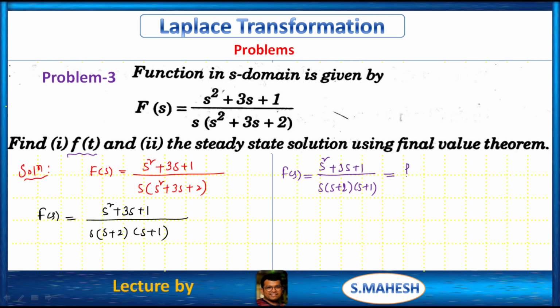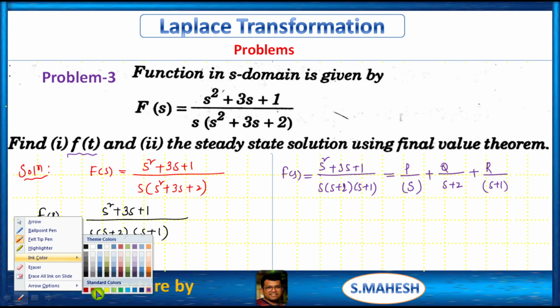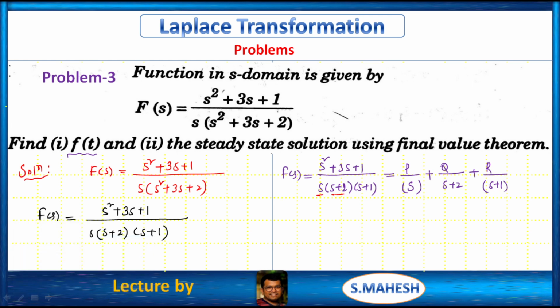Now it is p by s, q by s plus 2, plus r by s plus 1, meaning some constant by the first term, some constant by the second term, and some constant by the third term.